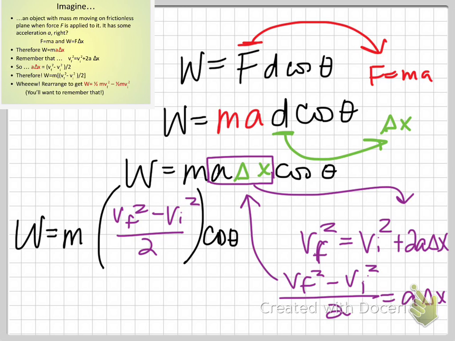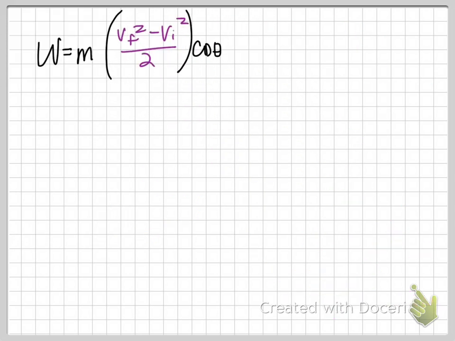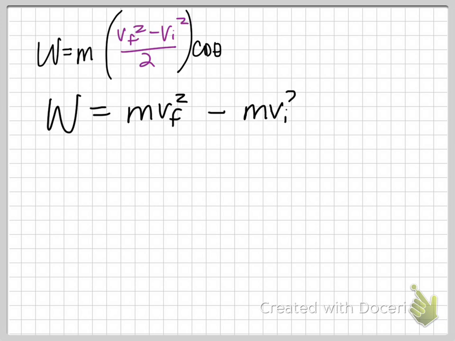Okay, well now we're going to borrow this and take it to the next page. Take it to the next level. No, just the next page. So let's go ahead and do some distribution here. So work is equal to, well, that would be mass times final velocity squared minus mass times initial velocity squared, over 2, times cosine theta.